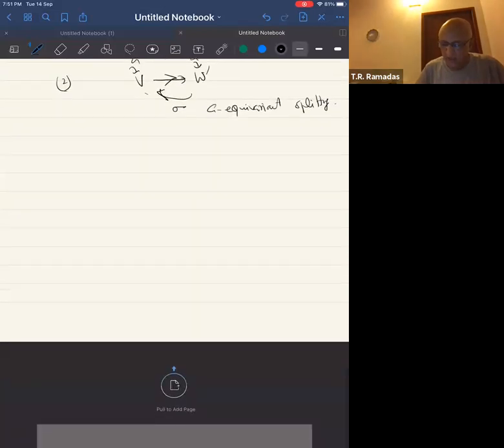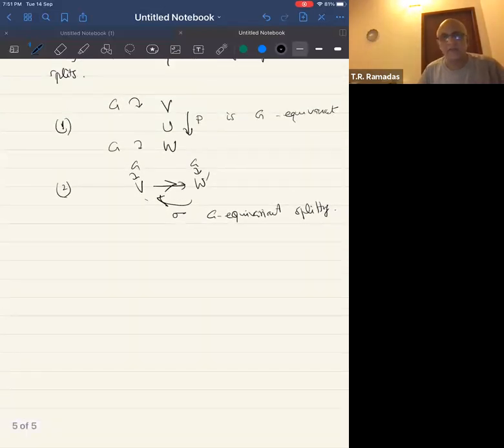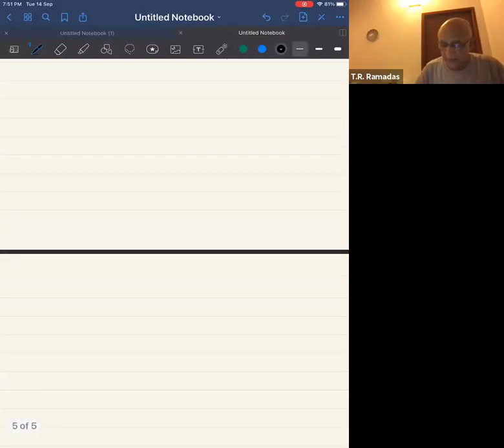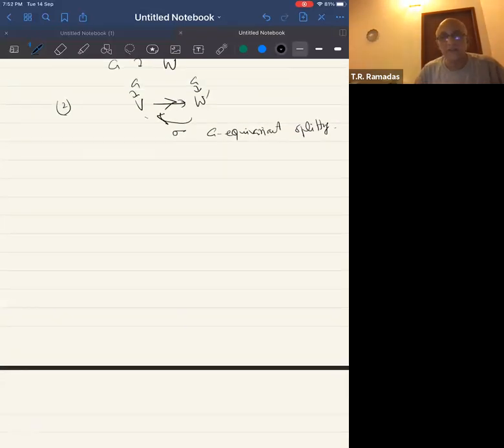Here is a sneak preview of how these properties are used.